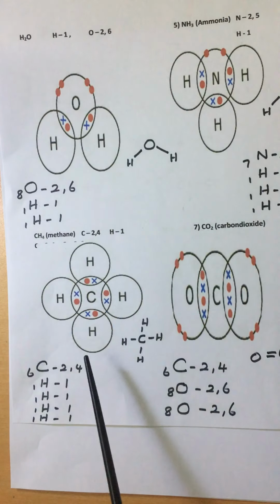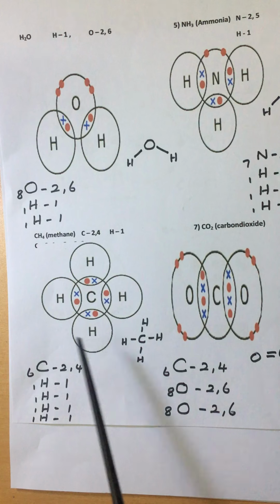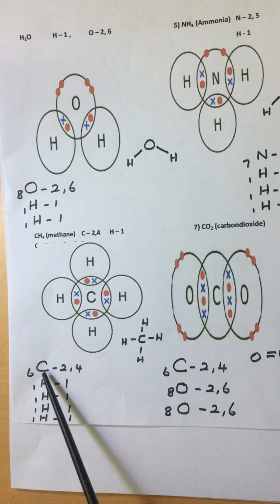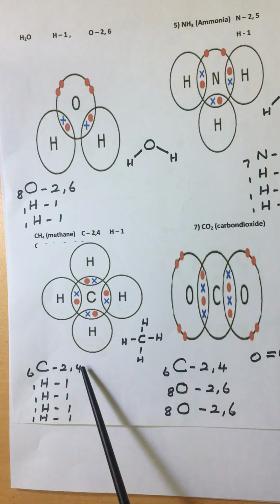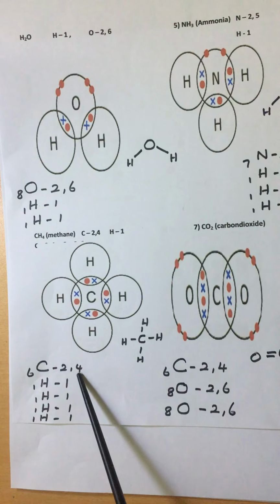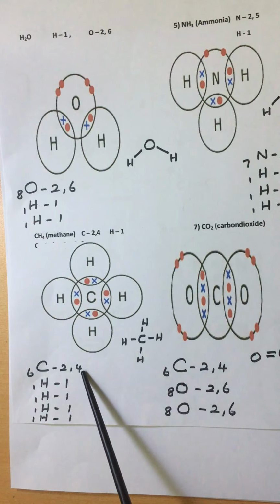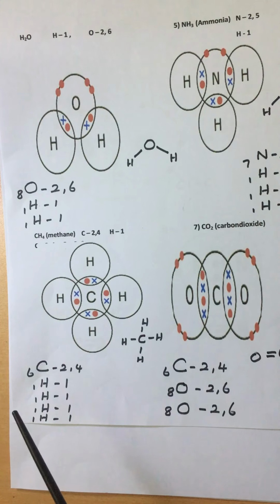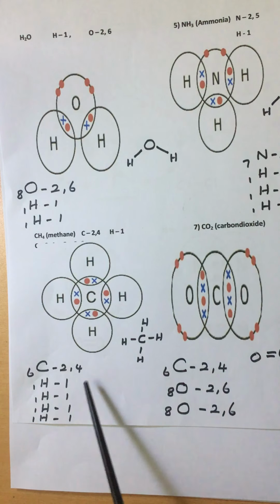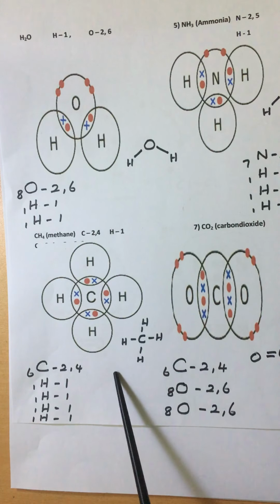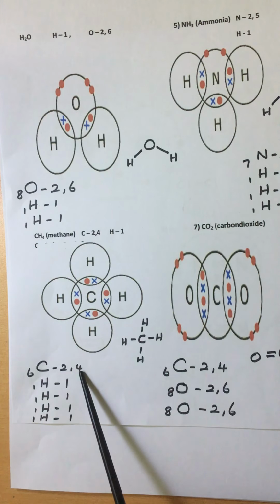Now methane, that is CH4. Look at here, methane. So in methane, carbon is 6, 2, 4. So you know the carbon needs 4 more electrons. Therefore, all 4 are going to make bond, that is sharing electrons. It needs 4 more electrons to complete the orbit.